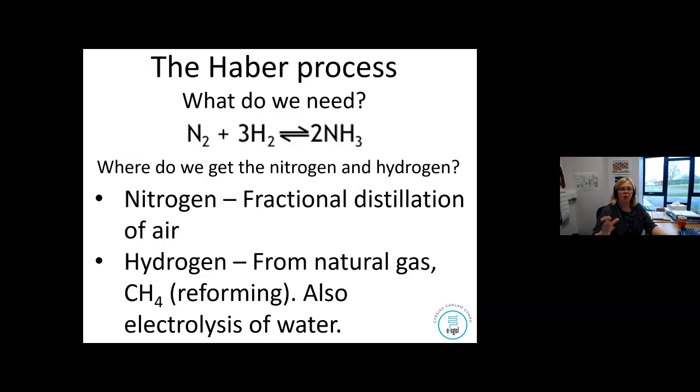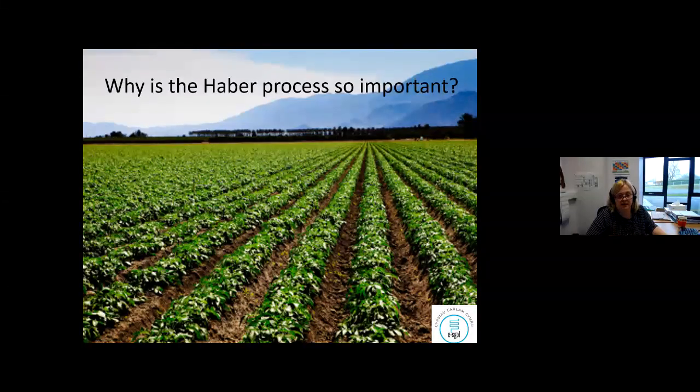So why study the Haber process? It must have some significance. Why is it so important? Well, the reality is plants, crops. Now, I don't often big up biology. Me and biology don't always get along, but I'm hoping that through your year 10 biology, you're already quite familiar with the workings of plants and the fact that they require nitrates in order to be healthy and to grow.